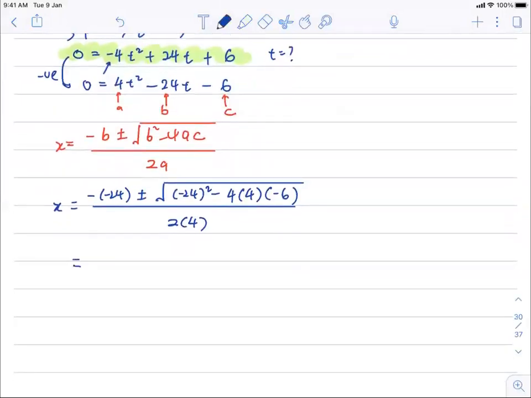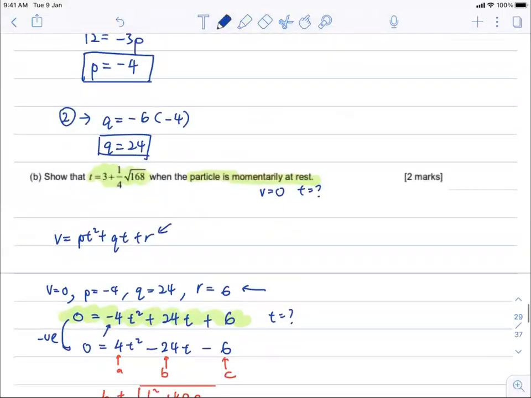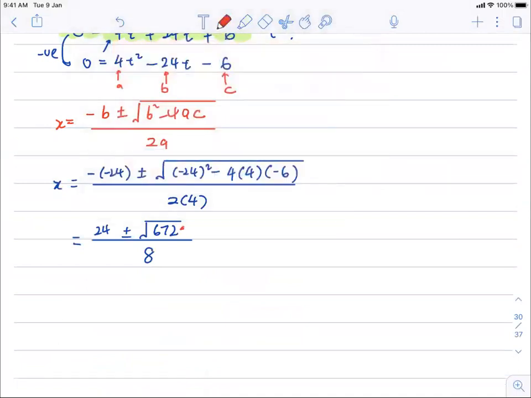Simplify this, we get 24 plus minus square root 672, divided by 8. Again, we refer to the question. The question wanted it in the form of square root 168. That's why I want to convert this into 168.